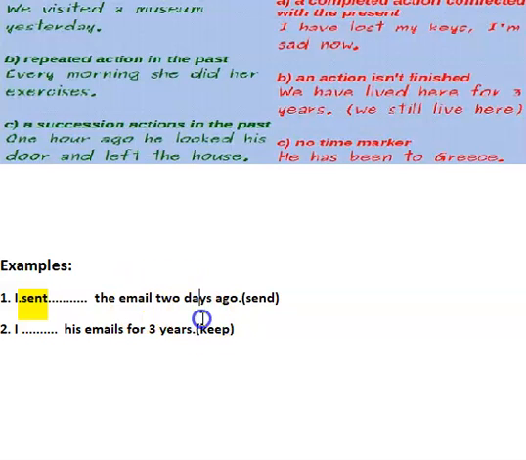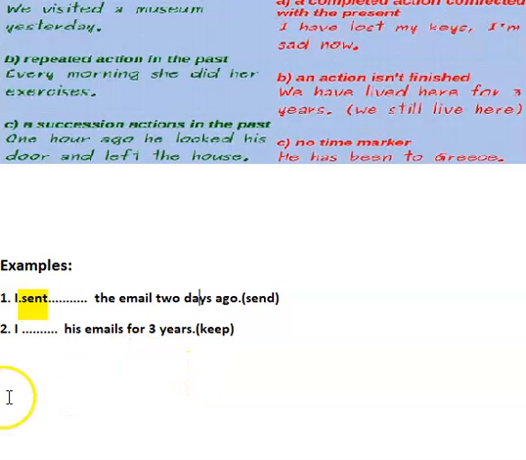Okay. Now what about the second sentence? I keep his emails for 3 years. Now where is the keyword? 3 years. For 3 years. Okay. This means that I need to connect the verb with the present perfect form. Now present perfect means auxiliary verb have or has plus past participle.